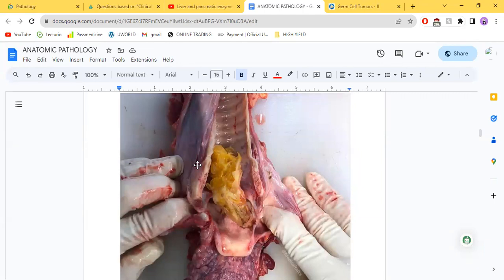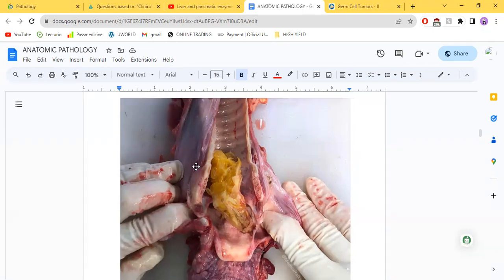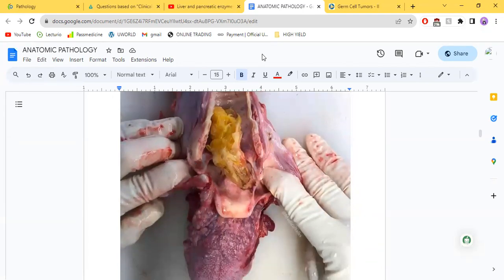Can we really see the esophagus? You can see the larynx. What else? We can see the tongue, right? Tongue, epiglottis, trachea. Great. So we can see all these structures.